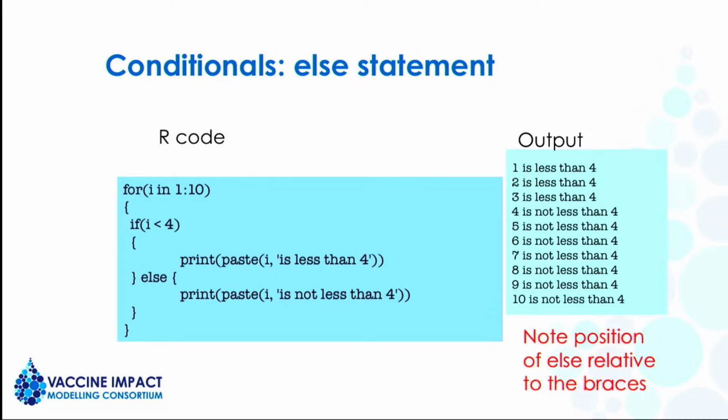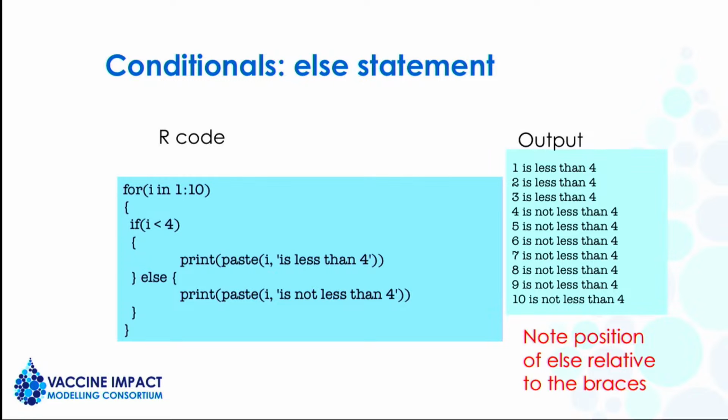This is really annoying. The else needs to live on the same line as the closing brace of the if. I don't know any other programming language that does that, but R needs you to do that.